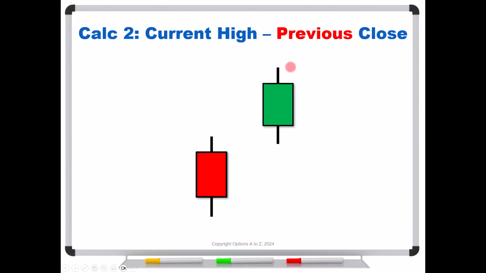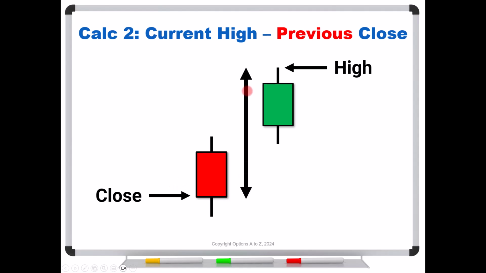So today's high is here, and yesterday's close is down here, bottom of the red body. So we're looking at this distance right here. Whatever this high minus this close is would be the number we would get for calculation number 2. But notice in this example, it's a positive number because today's high is higher than yesterday's close.